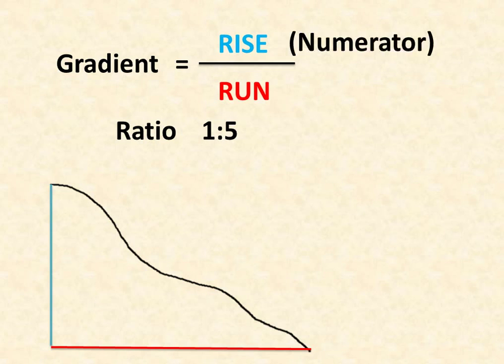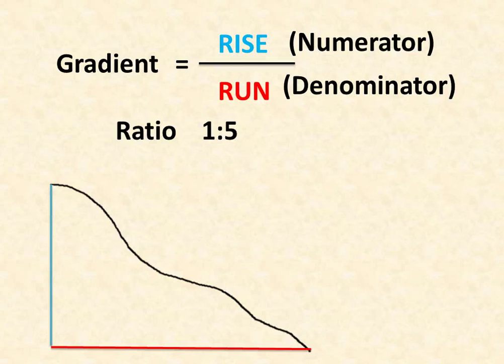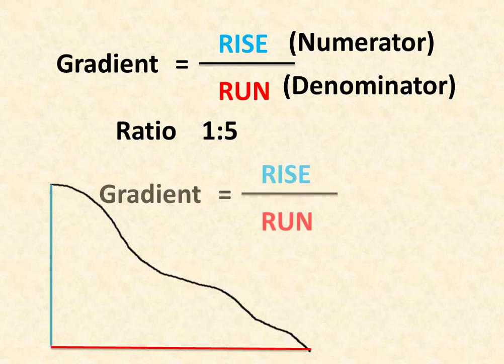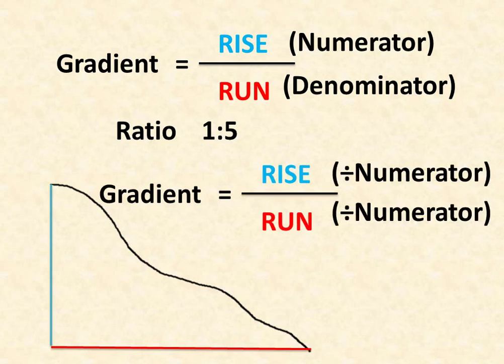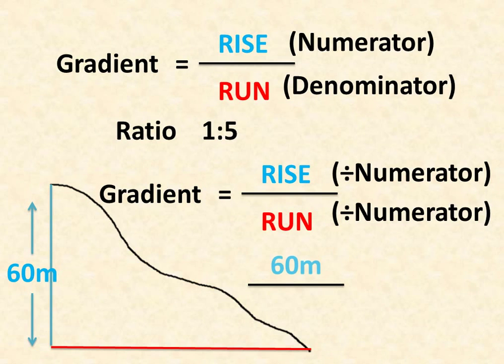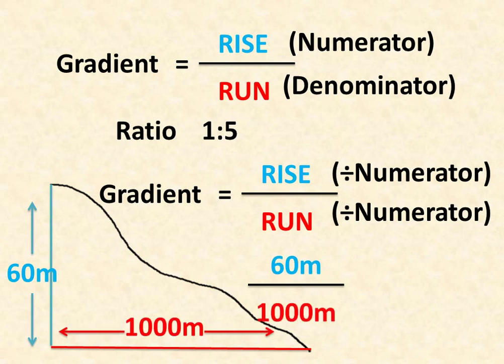Now, we need to bear something in mind: the rise and the run are set up as the numerator and the denominator. You would know this from maths. In order to get a ratio, we need to divide both the rise and the run by the numerator. So imagine that the rise was 60 meters for this mountain, and imagine that the run was 1,000 meters.